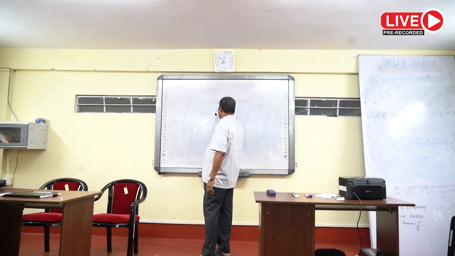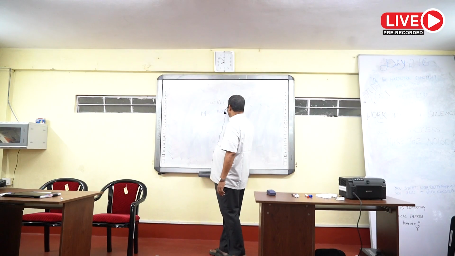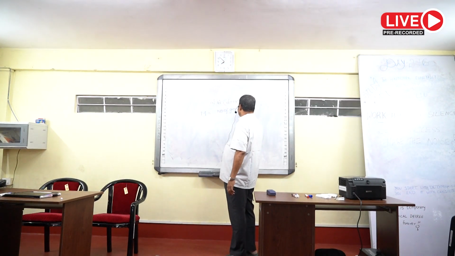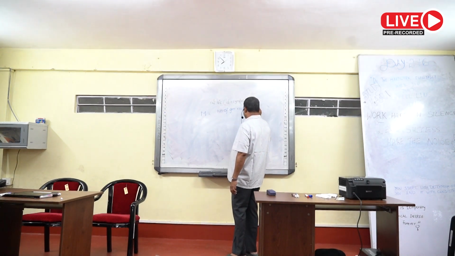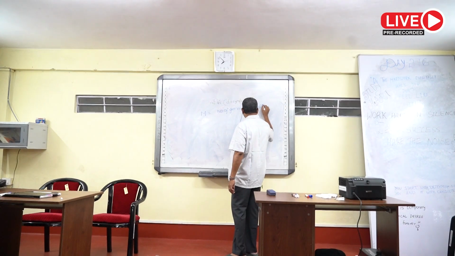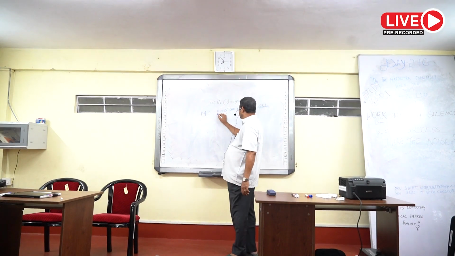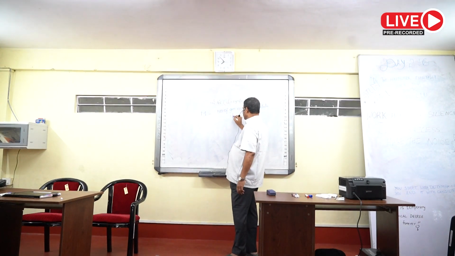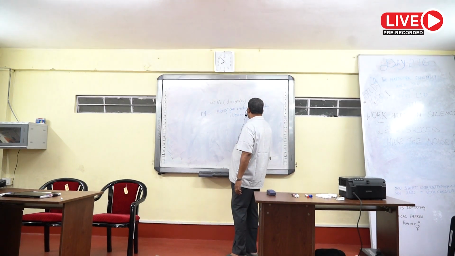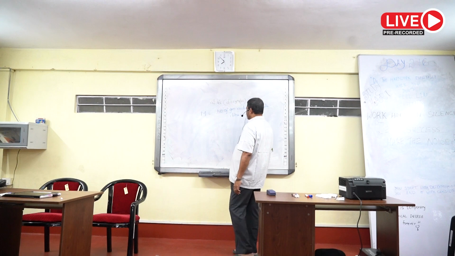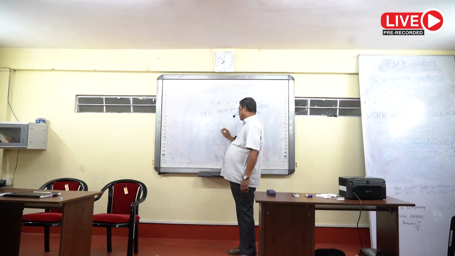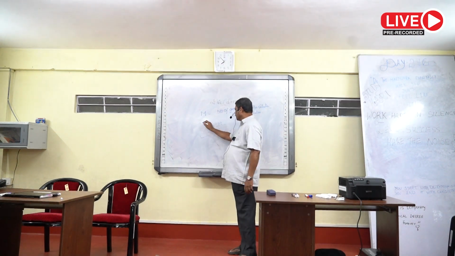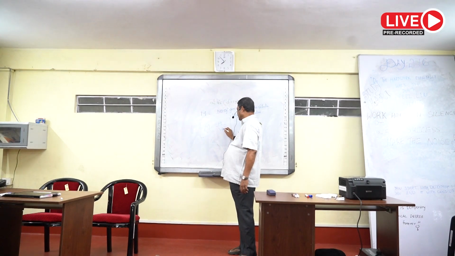Molarity, capital M, is equal to number of gram moles of the solute present in 1 liter. Simply you can say molarity is equal to N by V, V in liters.